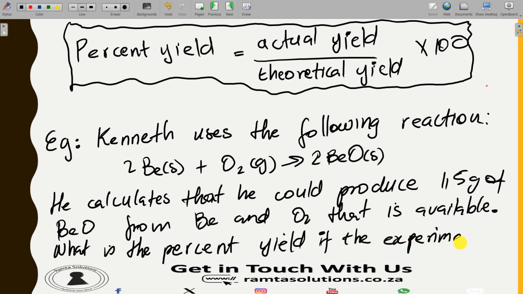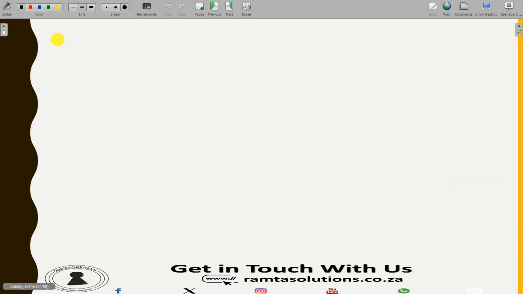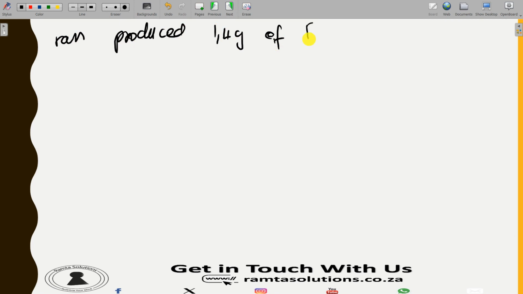What is the percent yield if the experiment he ran, I'll go to the next page, if the experiment he ran produced 1.4 grams of beryllium oxide. Okay. So now we're going to find our solution.